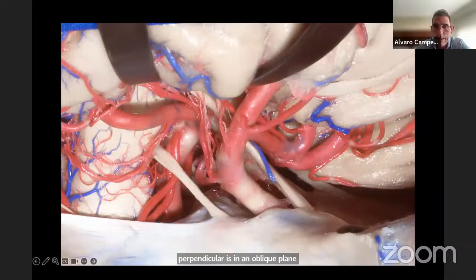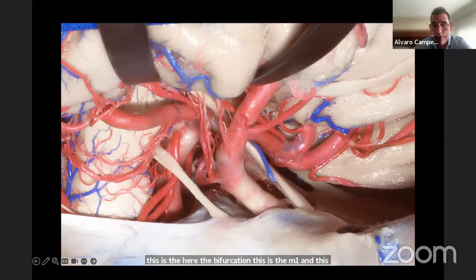And we can see in another specimen, a right side view. This is the first cranial nerve, the carotid artery, with the bifurcation here. This is the M1, and this is the A1 and A2 on the right side, and this is the A2 on the left side. And this is the optic nerve, carotid, clinoid, and so on.